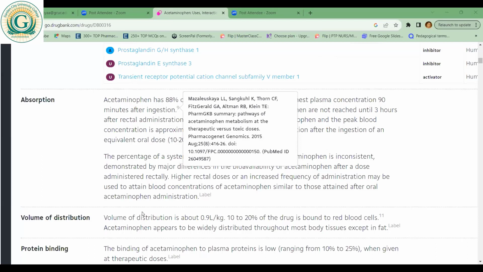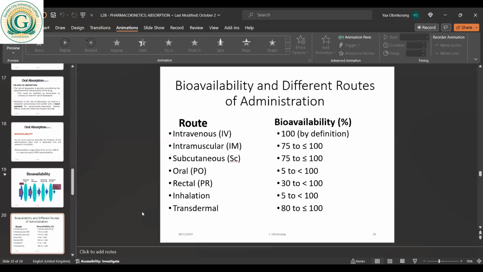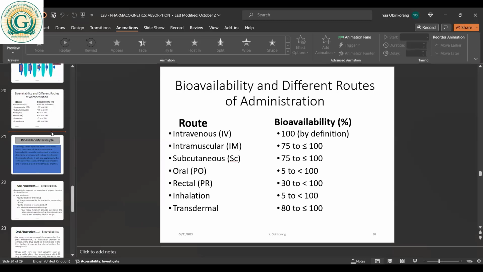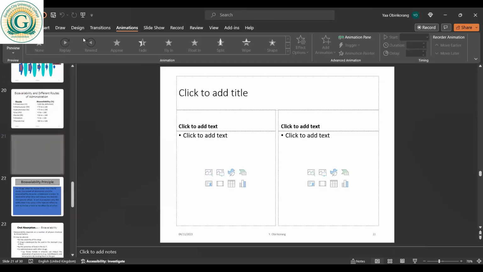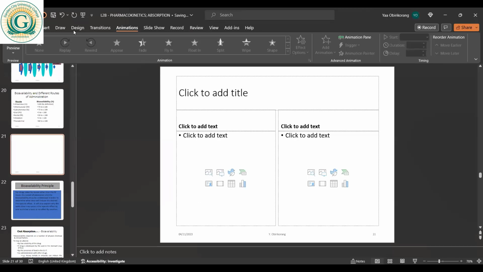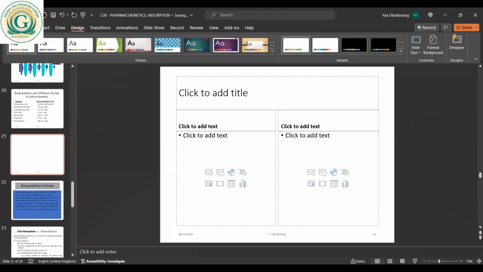So if I say calculate the quantity of the drug that will reach systemic circulation if a dose of 1 gram is administered, can somebody do the calculation for us to see?